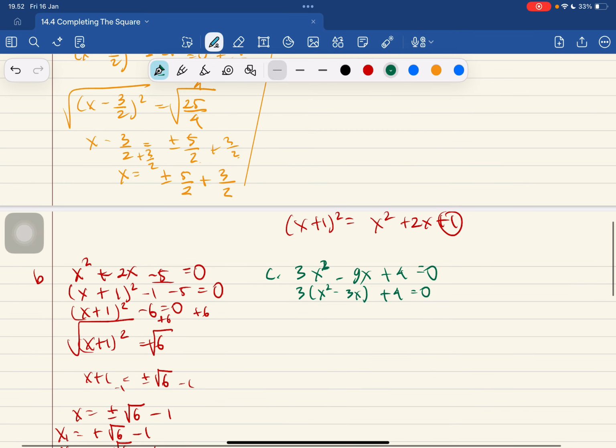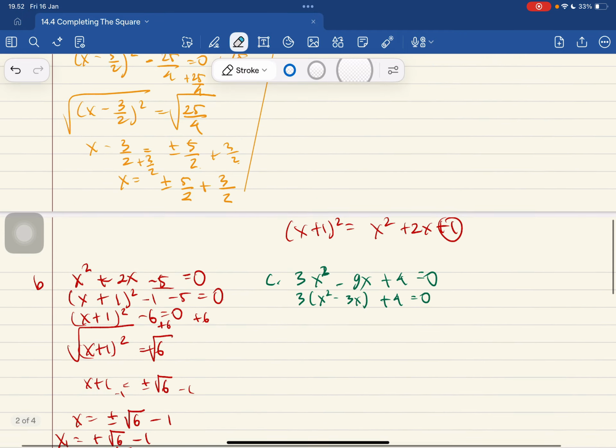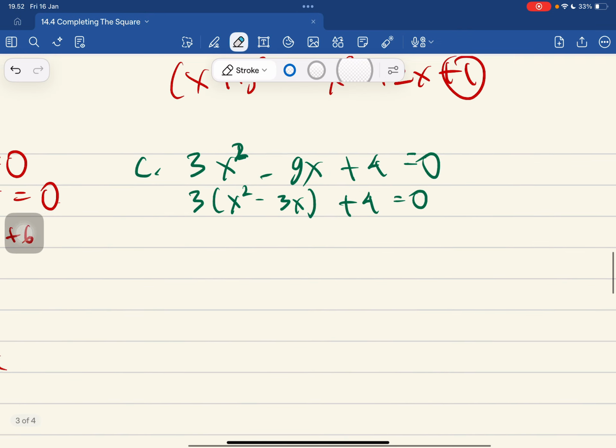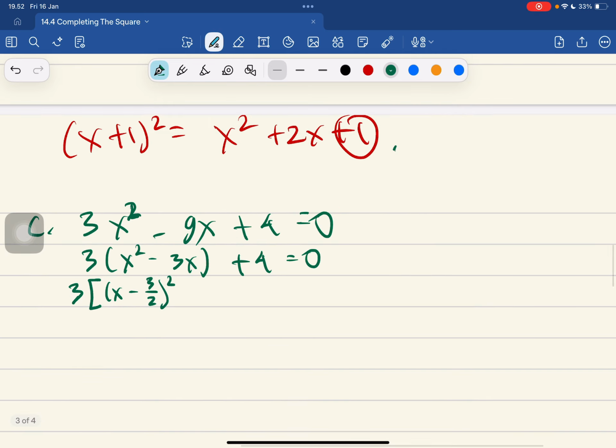Look, we have done x squared minus 3x here. So let me proceed. So 3 times x minus 3 over 2, and we make it squared. Then the number that we don't want: if x minus 3 over 2 is squared, it's going to be x squared minus 3x plus 9 over 4.